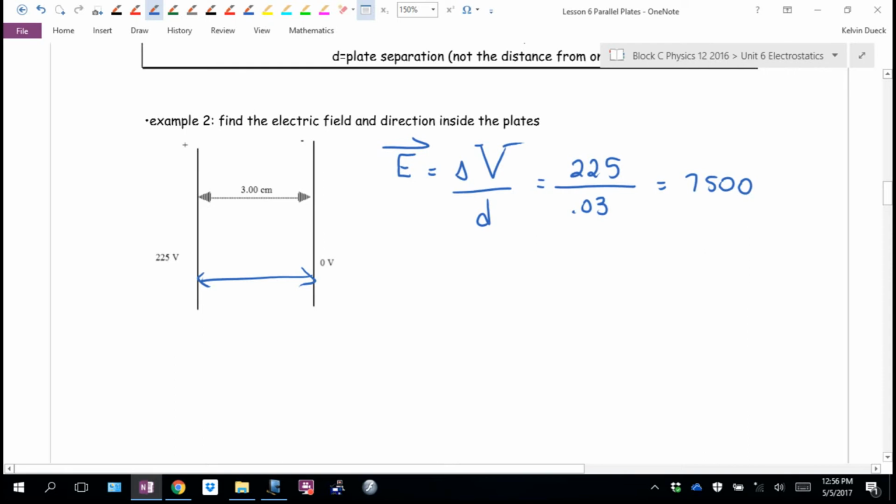Units. You could say newtons per coulomb. I'd give you full marks. But I think this time the better units to use would be volts per meter, because that's the equation that we used. And again, I'll give you full marks, Taylor, if you go with newtons per coulomb. That's fine. This would be more appropriate for this venue.